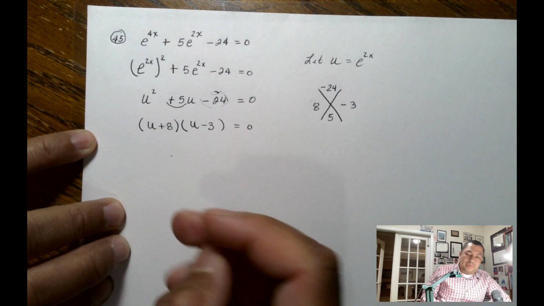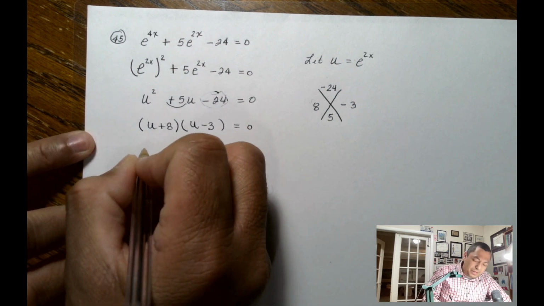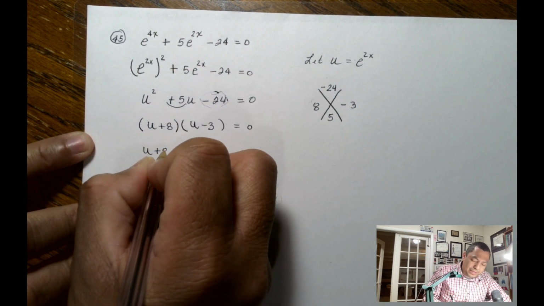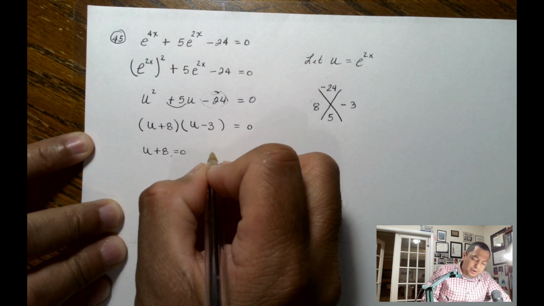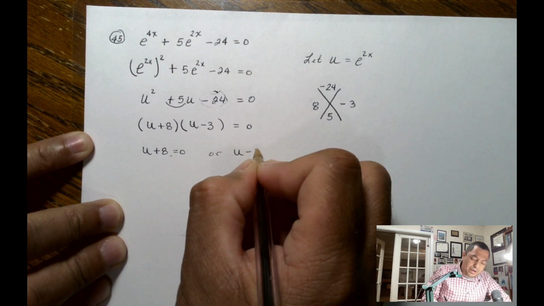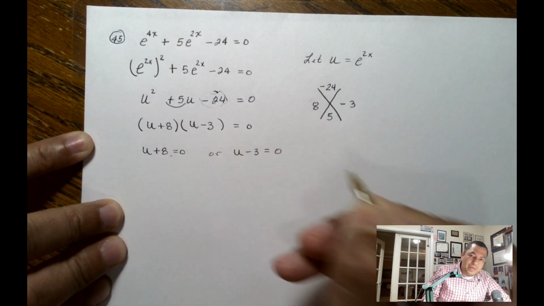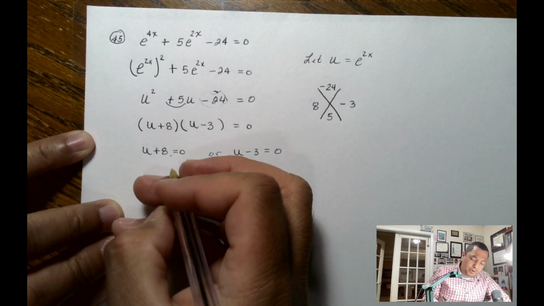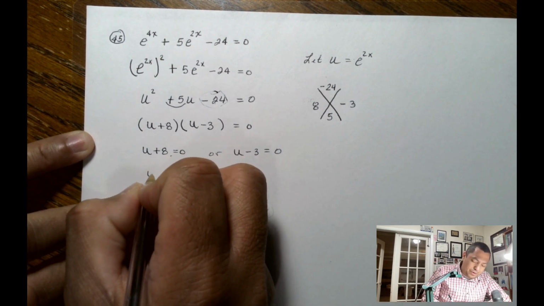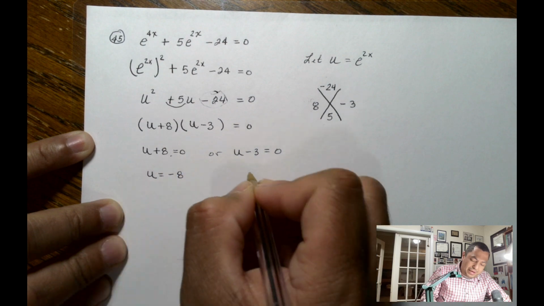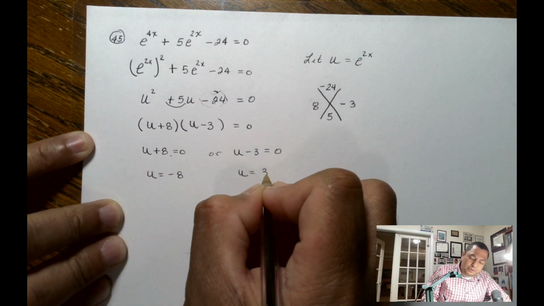So now if we apply the zero product property, we have that u plus 8 equals 0, or u minus 3 equals 0. And then we solve for u. So we have u equals negative 8 and u equals 3.